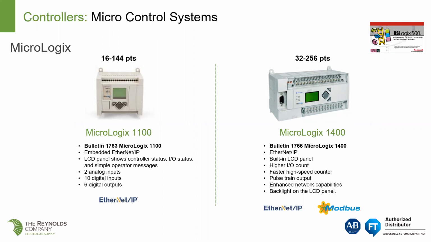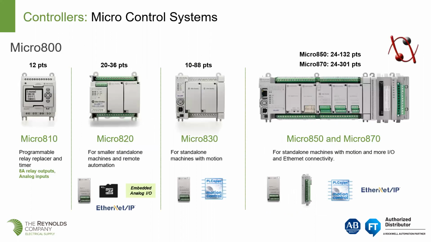But the 1400 is the last active product that we have, and you can expand it with the 1762 expansion I/O. So that's still an active product. But again, it's the last one. So the writing is on the wall that it's a good idea to start looking at the newer micro platform, which is the Micro 800. I'll spend the next few slides talking about the Micro 800 family as a whole.